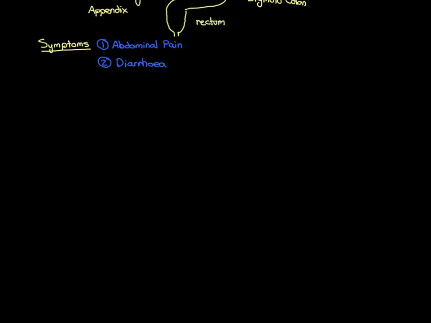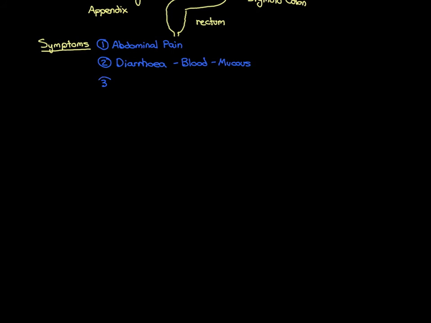However, I should add at this stage that as well as having diarrhea, you can also have blood within the diarrhea, and you can have mucus present within the diarrhea as well. So blood and mucus can also be present within the diarrhea in a flare-up of inflammatory bowel disease.